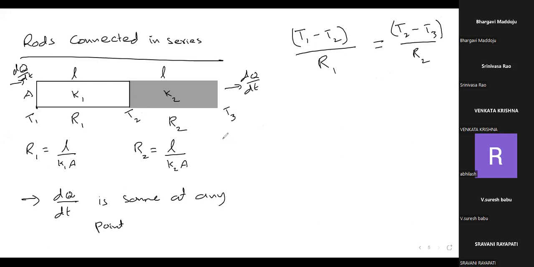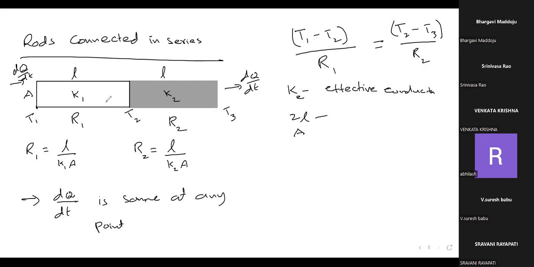Next is how to calculate the effective thermal resistance. Here, all the rods are connected in series. Assume that K is the effective thermal conductivity. The total effective length of the rod becomes 2L, and A is the area of cross section.